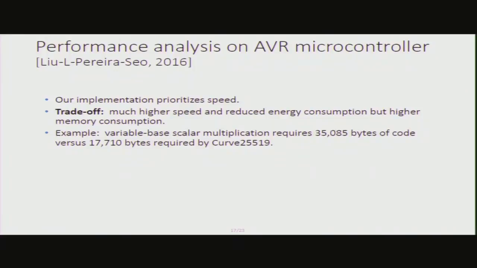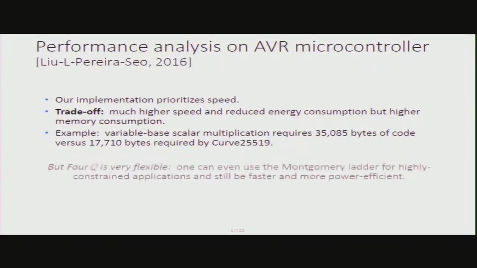So depending on the application, you can balance or decide on what is best. In the case that speed, latency is important, or low energy is more important, then 4Q gives an edge, a very important edge. But you have to balance depending on the application.